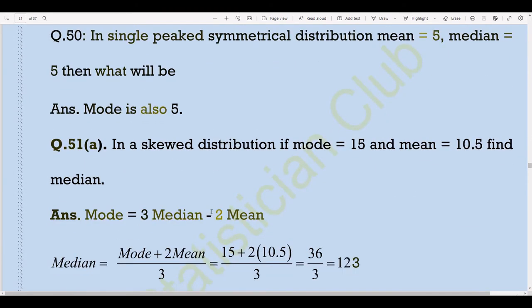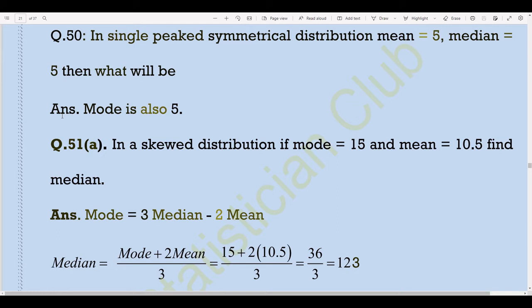Question number 50. In a single peaked symmetrical distribution, mean is equal to 5, median is equal to 5. Then what will be mode? As you know, when your distribution is symmetrical, mean is equal to median is equal to mode. Symmetrical means it is divided equally into positive and negative values.